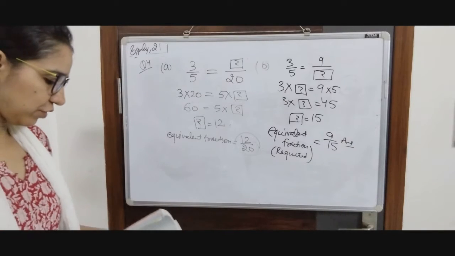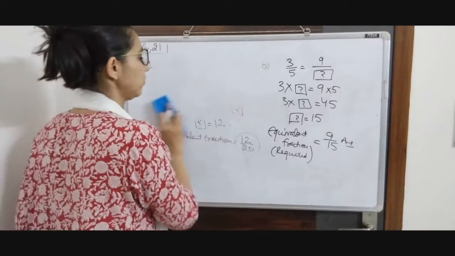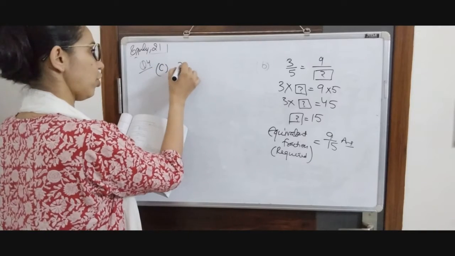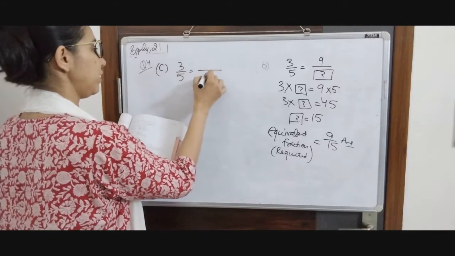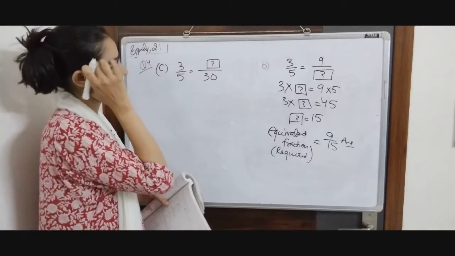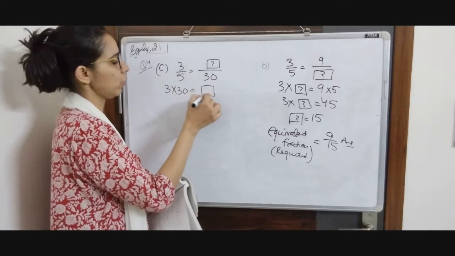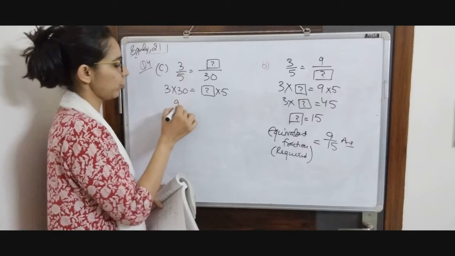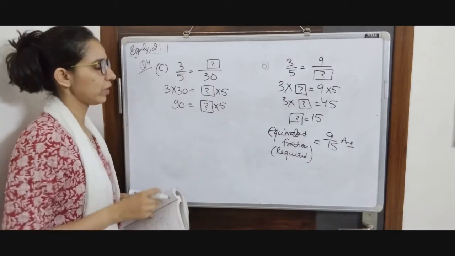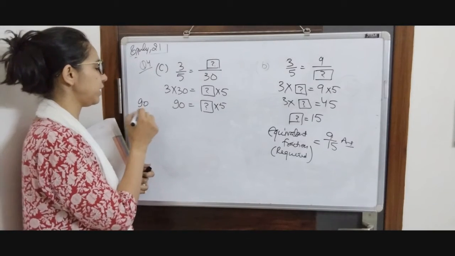Okay, next one is with denominator 30. So C is with denominator 30, and we have to find the numerator first and then we will find the fraction. So 3 into 30 is going to be the unknown number into 5. So this is going to be 90 is equal to this into 5. Either you can use trial method, you can use the table, or you can simply divide 90 by 5.